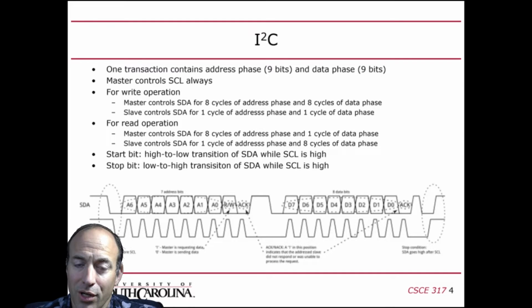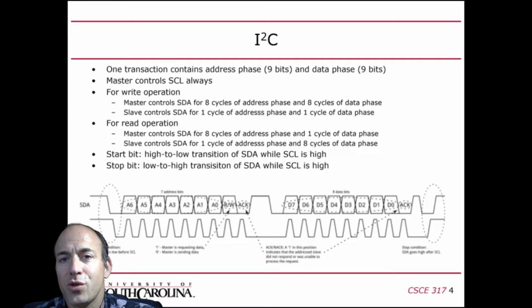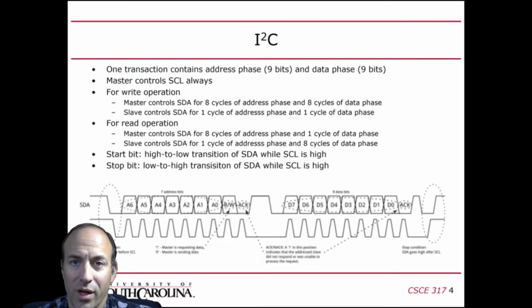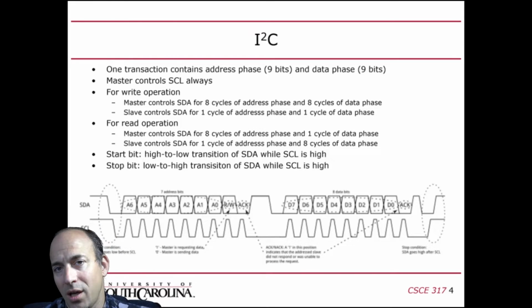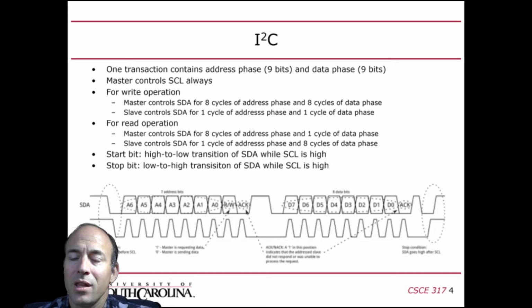The master, whoever is the master in each transaction, and by the way, each transaction has a master and a slave, and you can't change roles within one transaction. So for each transaction, one device is always the master throughout that transaction, and another device is always the slave. The master will always control the clock.